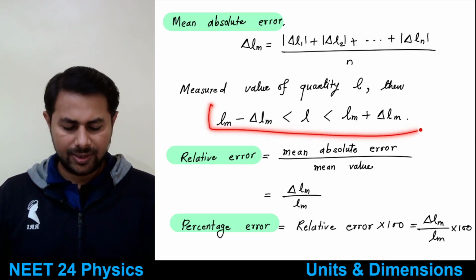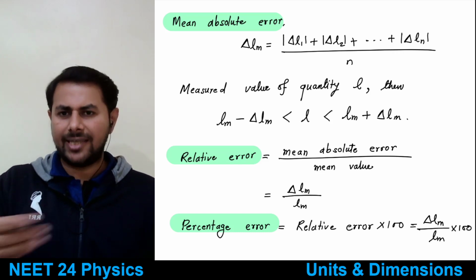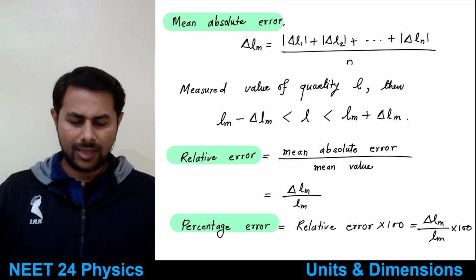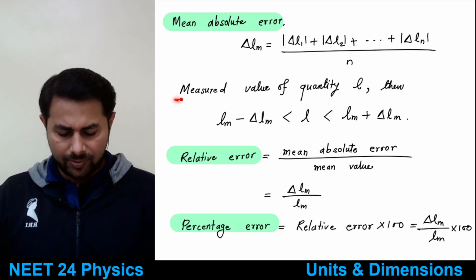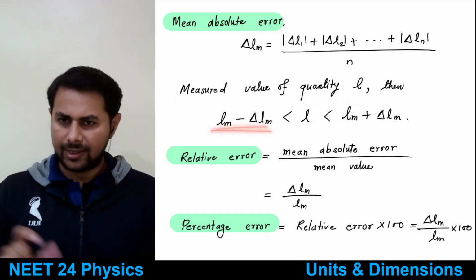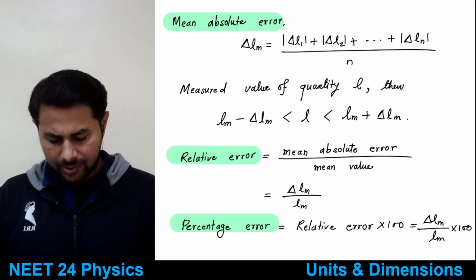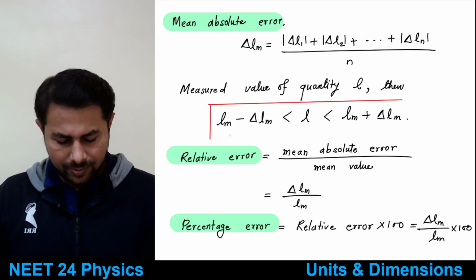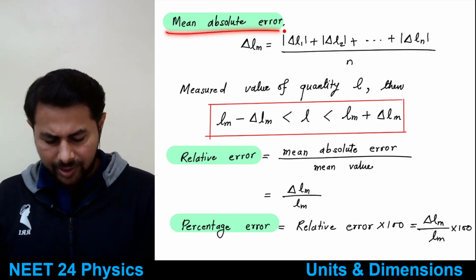Is this clear? Unless you are taking very biased measurements, the measured value of a quantity generally lies between Lm minus delta Lm and Lm plus delta Lm. Alright, so this is the mean absolute error.